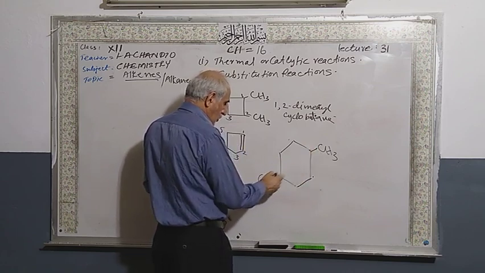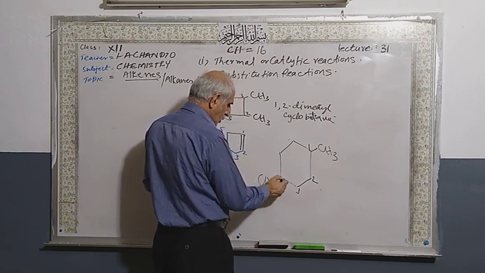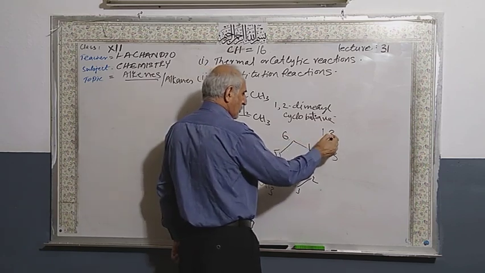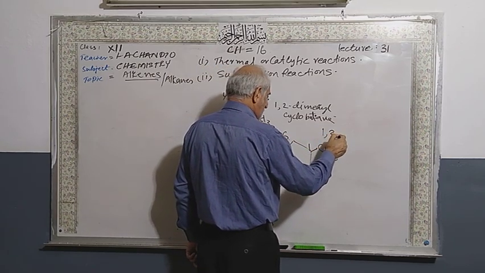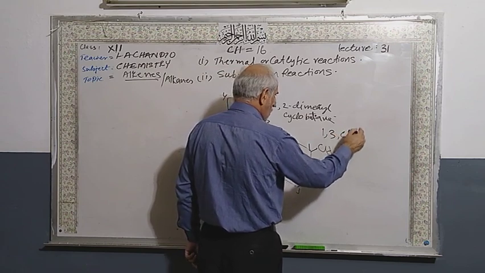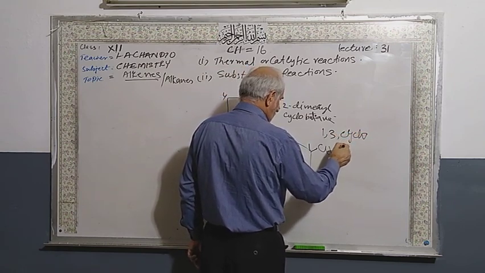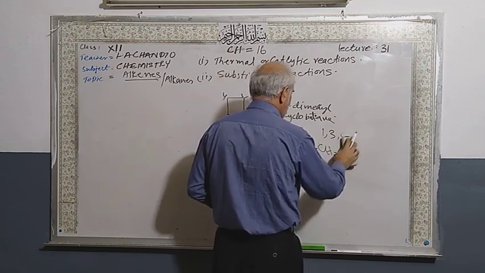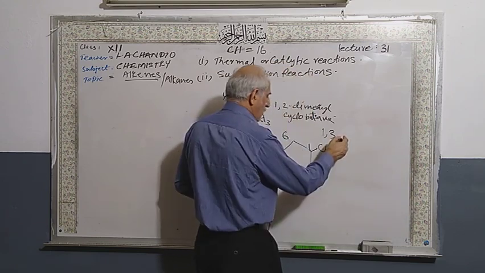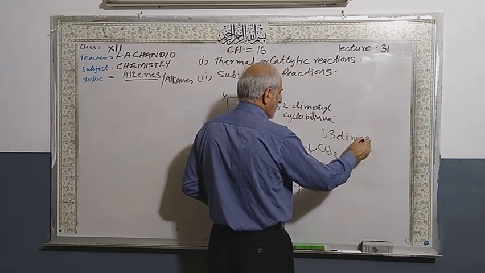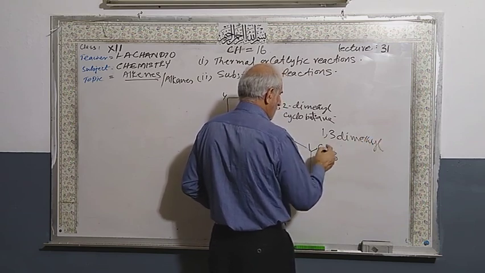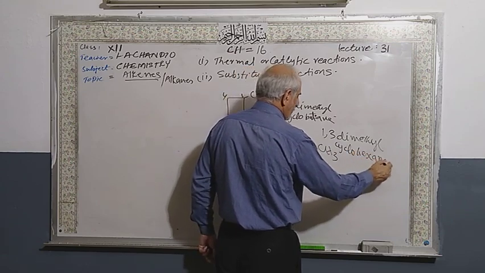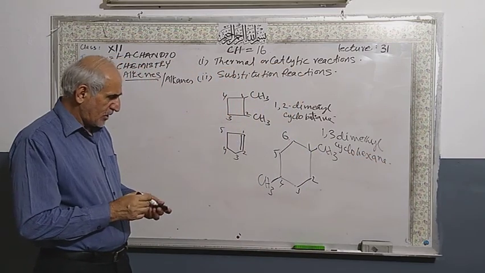Same distance. 1, 2, 3, 4, 5, 6. This will be 1,3-dimethyl cyclohexane.